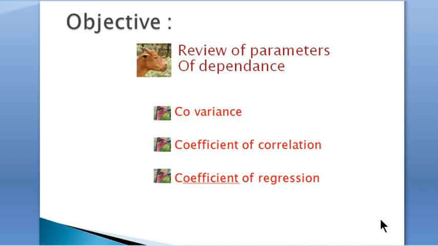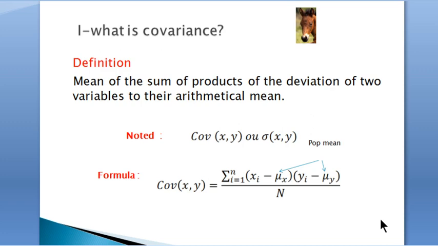So how are these estimated? Starting with the covariance. This is the mean of the sum of products of the deviation of two variables to their arithmetical mean.